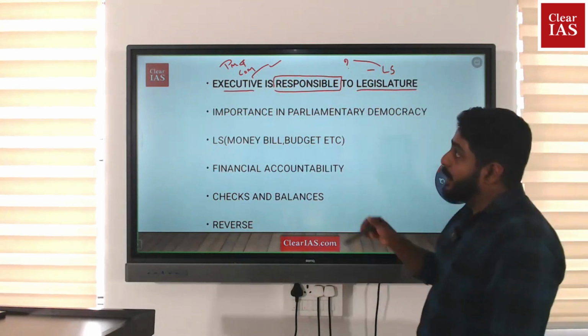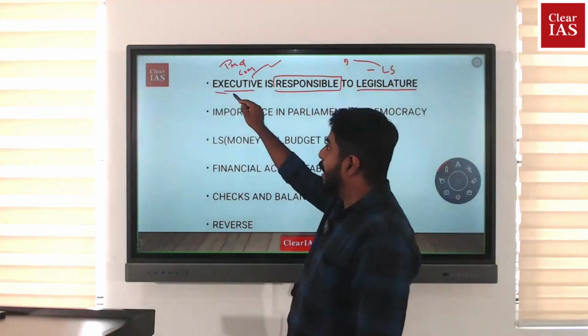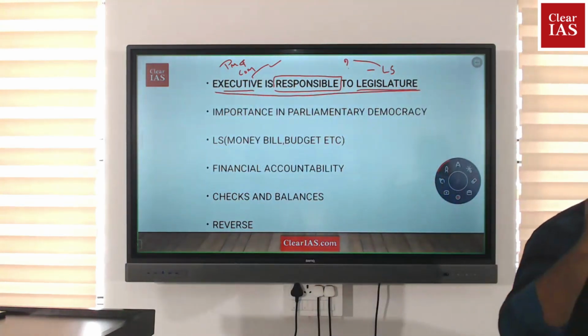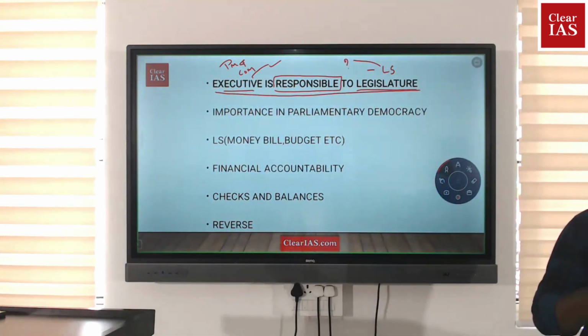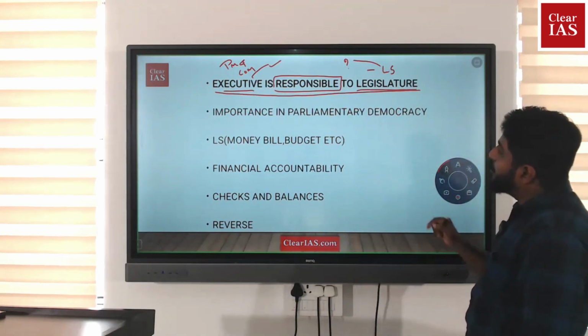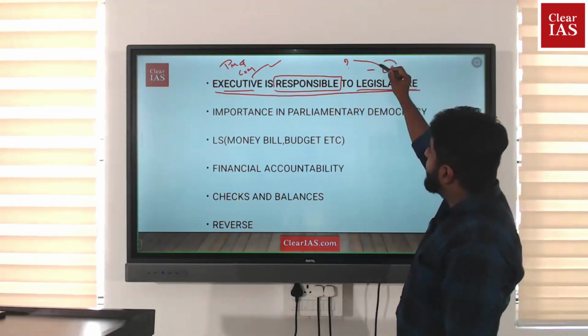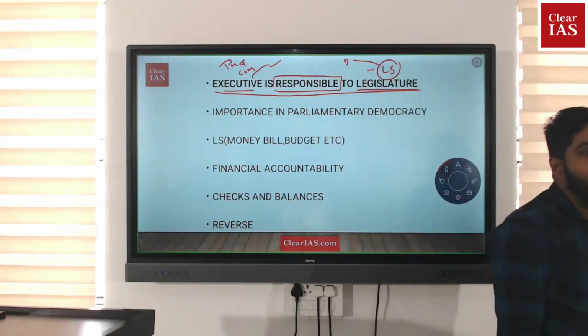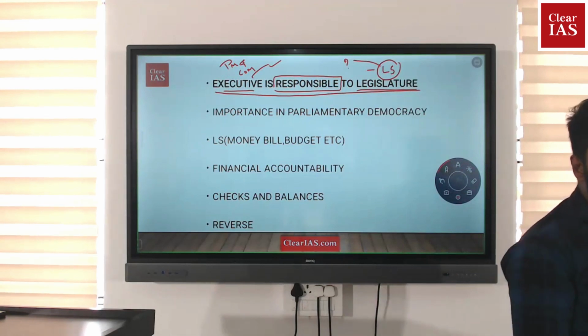Why these kind of things? The reason is because we are practicing parliamentary form of government, and in parliamentary form of government, the thumb rule is the executive is responsible to the legislature. Very good. So the Lok Sabha has predominant consideration when it comes to the parliamentary form of government. Why?